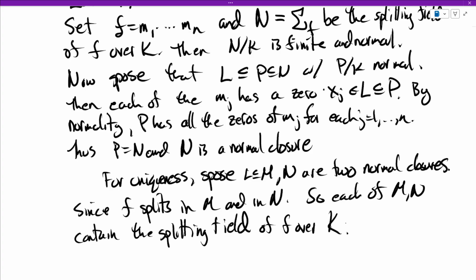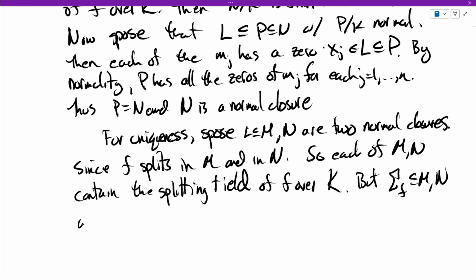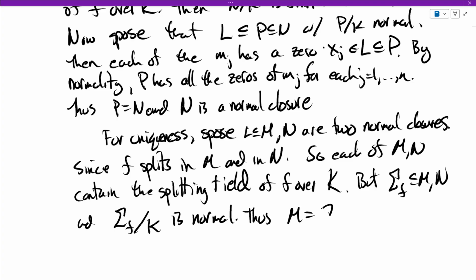But the splitting field is already normal, and it would be smaller than or equal to these. By the smallest condition in the normal closure, they must both be equal to the splitting field.